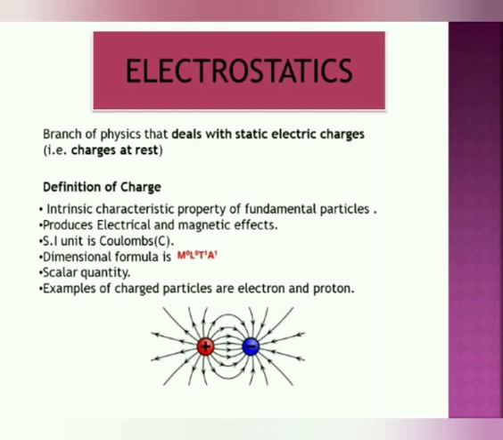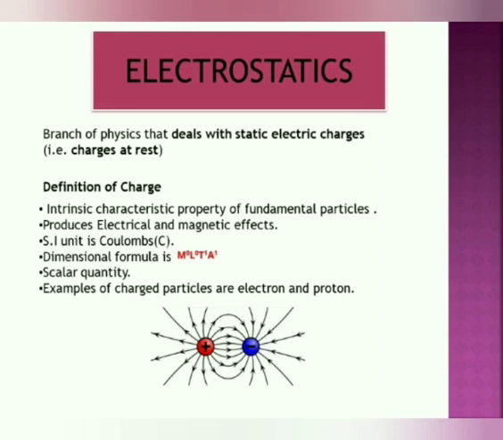It produces electrical and magnetic effects both. When the charges are set into motion, charge per unit time we call current, and current produces a magnetic field around it, as we have learned through Oersted's experiment. The SI unit of charge is the coulomb.